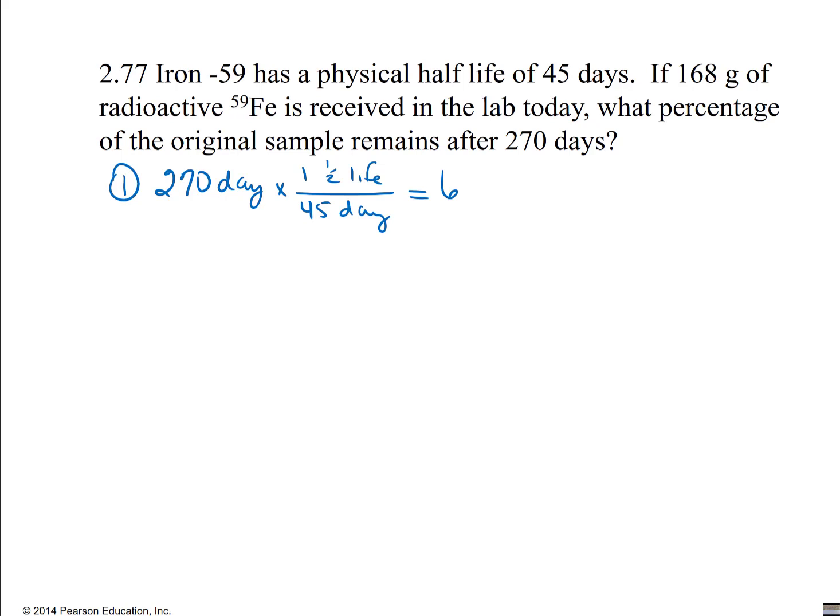So if we start off with 168, in one half-life, how much will be left? 84 grams. In a second half-life, 42.